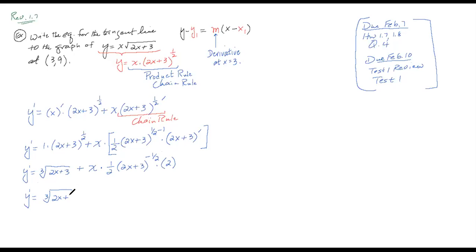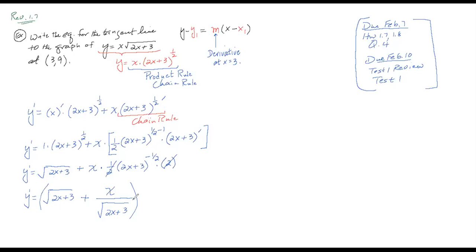I apologize, I wrote cube root; that should be a square root. This is power 1/2. Here, the 2 and the 1/2 will multiply. And then I'll just rewrite this whole thing. x is going to be on the top, and the (2x plus 3) to the power 1/2 comes down, which becomes the square root of 2x plus 3.